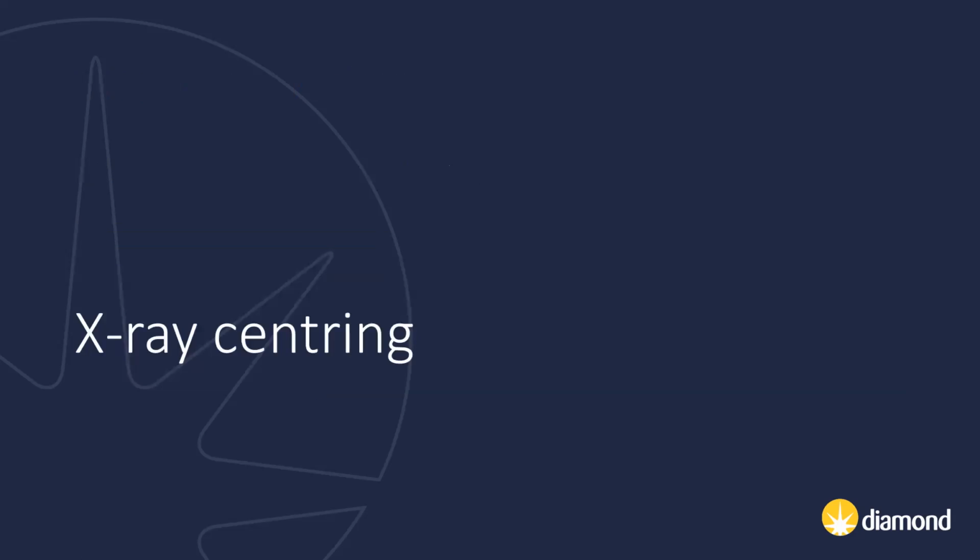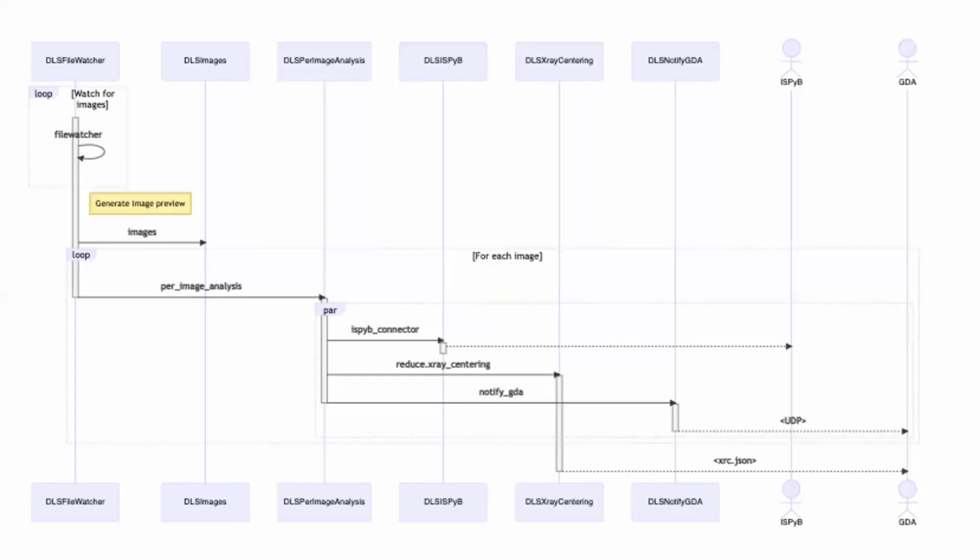So just as an example of a recipe, here is one as used in X-ray centering. We have the file watcher service that is watching for the images, because we want to be able to do the parameter analysis as soon as the images are collected, rather than waiting until the end of the data collection.